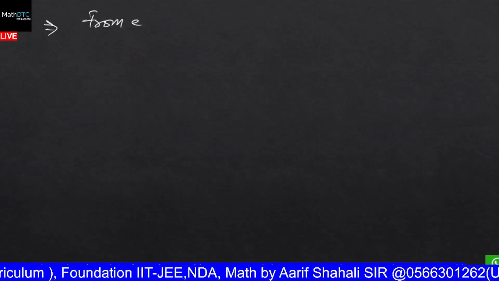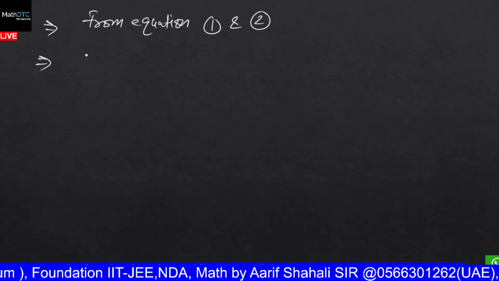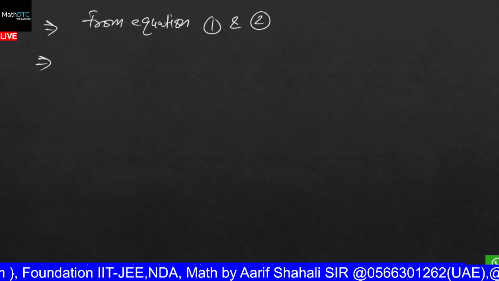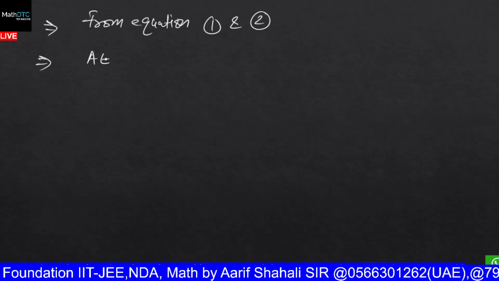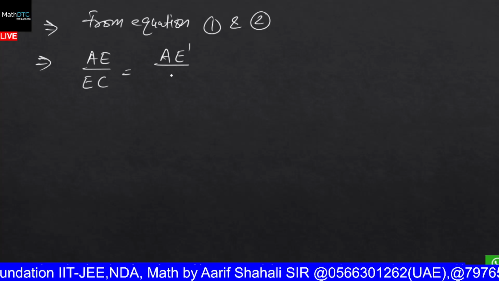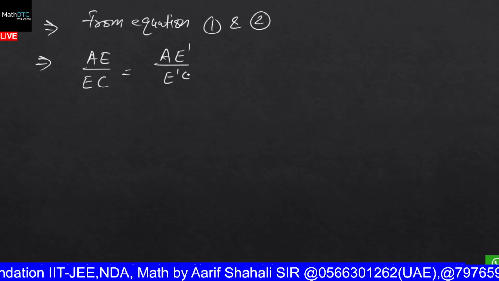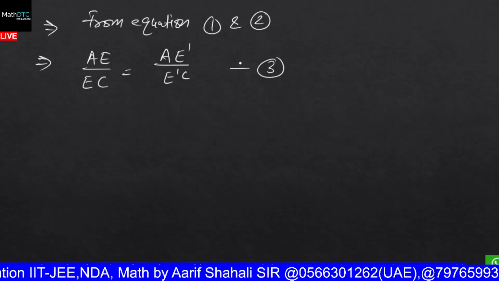So from equations 1 and 2, when the LHS portions are equal, then the RHS portions are also equal. AE upon EC is equal to AE dash upon E dash C, right? Equation number 3. Do you understand?